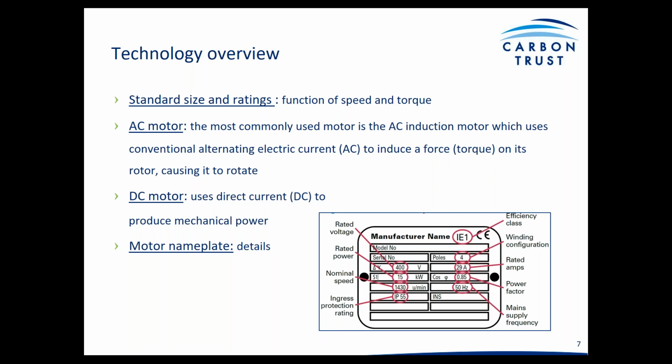Motors come with standard sizes and ratings, as you might know, and there's always a distinction between AC motors, alternating current motors, and DC motors that use direct current to produce mechanical power. This is the main distinction between the two types of motors.